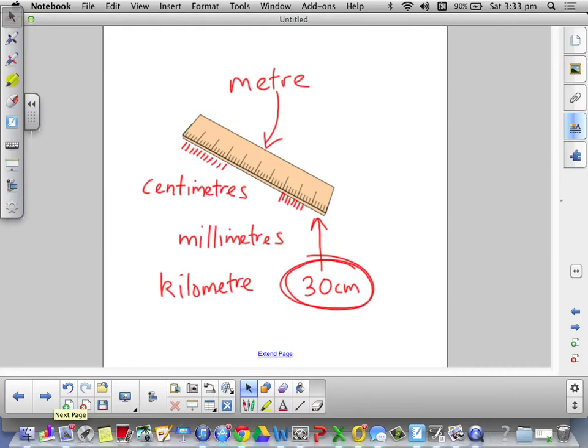In fact, we can go to light years, which is how we measure distances between the stars and the planets. And we can go very small as well. We can look at microscopic things using microns. So measuring length can be very, very small, very, very large. These are the ones on this page here that we are going to need to know today in Year 5.